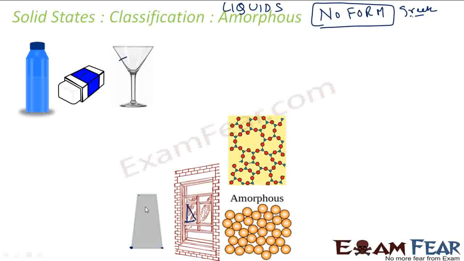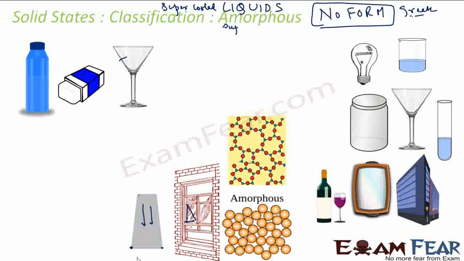Since they are liquid, they have a tendency to flow, and they are also called supercooled liquids. That's why the glass panes fixed to the old windows are slightly thicker at the bottom, because the glass flows and becomes thicker at the bottom.